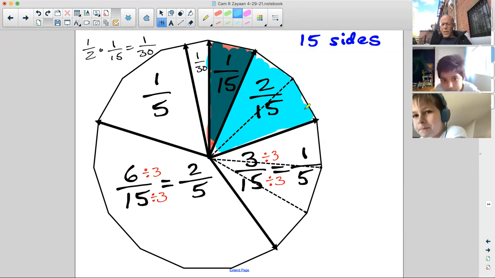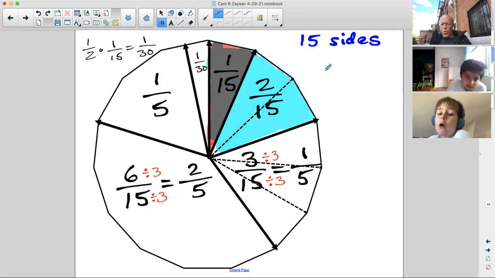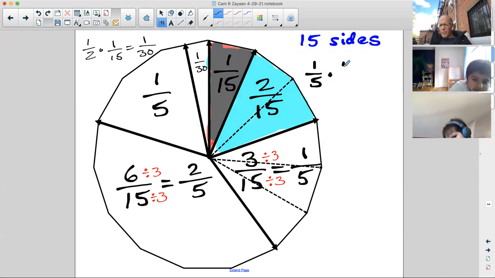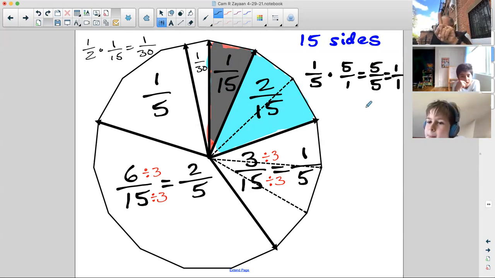Wouldn't that also be 1/5? Yep. So how many 1/5s are there in a whole? 1/5 times 5 equals 5 over 5, which equals 1 over 1, which is 1 whole.